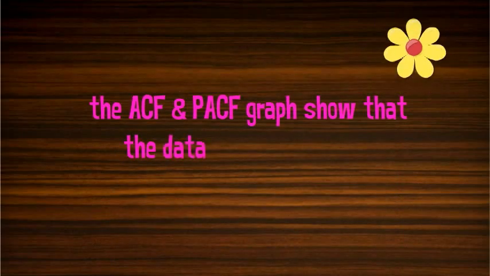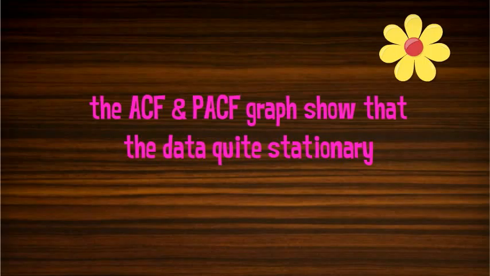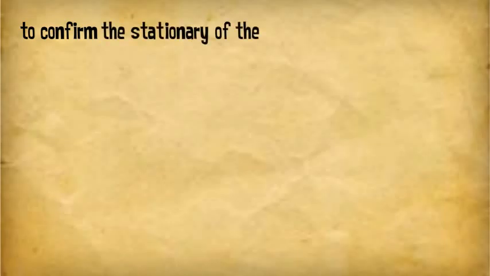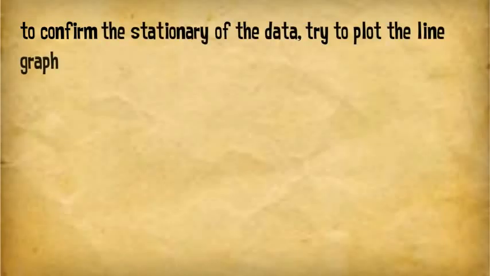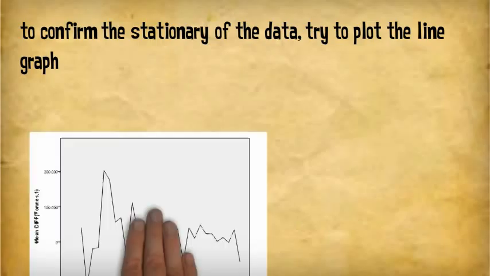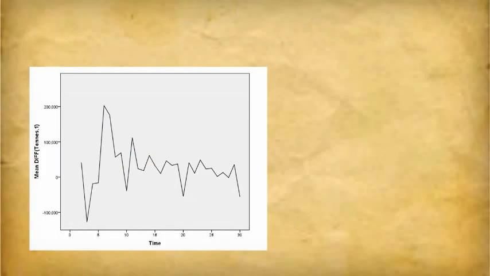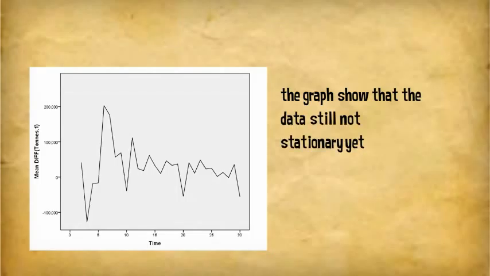This ACF and PACF graph shows that the data is quite stationary. To confirm the stationarity of the data, we try to plot the line graph. The graph shows that the data is not stationary yet.